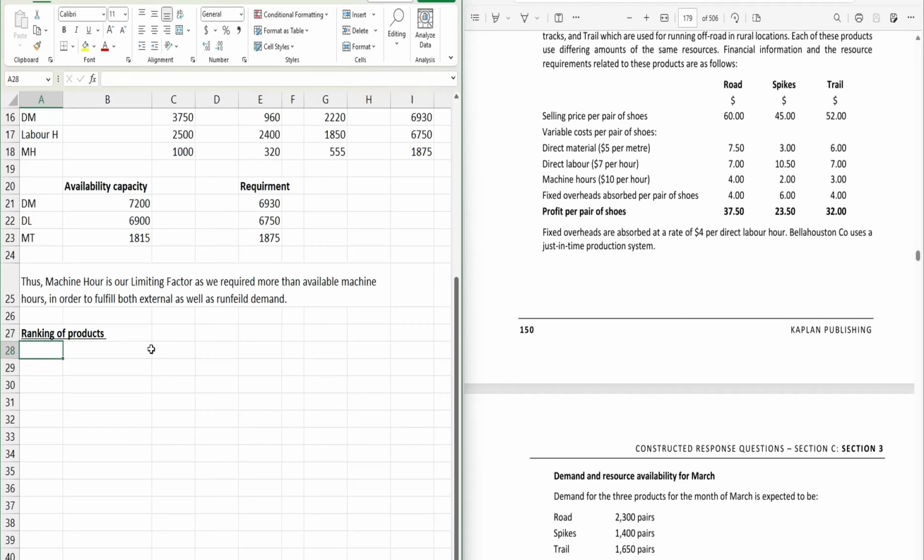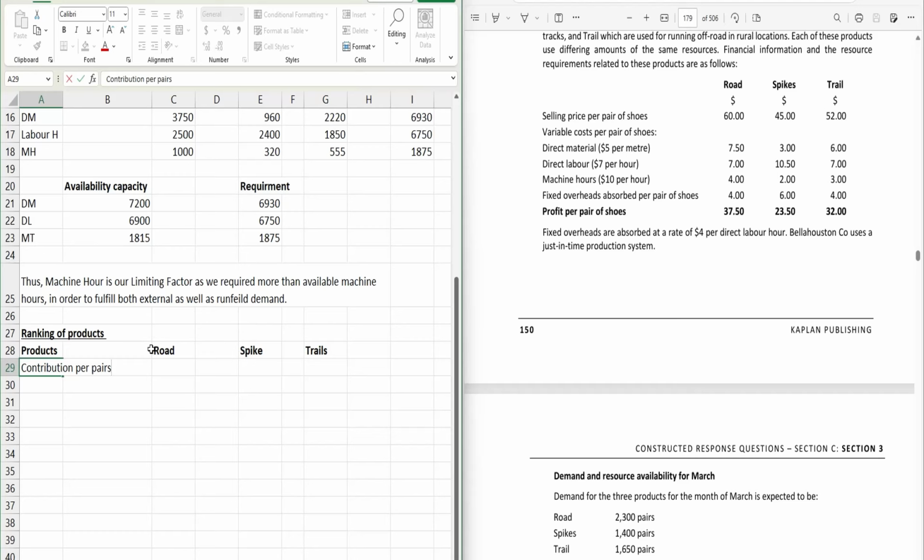Okay, so the products are road, spike, trails. And what is the contribution? Contribution per unit, that means per pair of shoes.